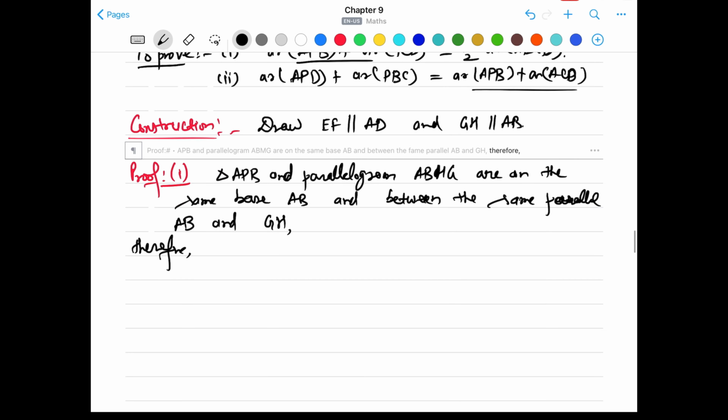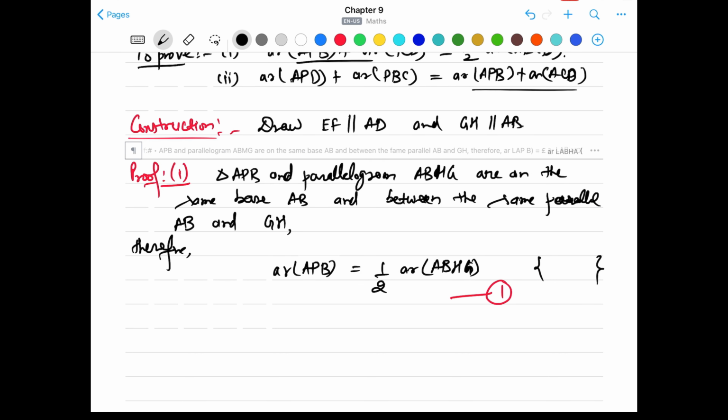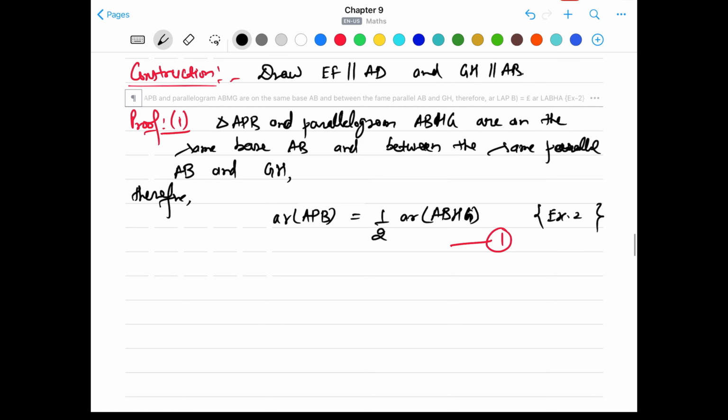Therefore, the area of triangle APB is equal to half the area of the parallelogram ABHG. Let's name it equation number 1, and the reason for this one is again the statement of example number 2, which says if a parallelogram and a triangle are on the same base and between the same parallel lines, then the area of the triangle is equal to half the area of the parallelogram.